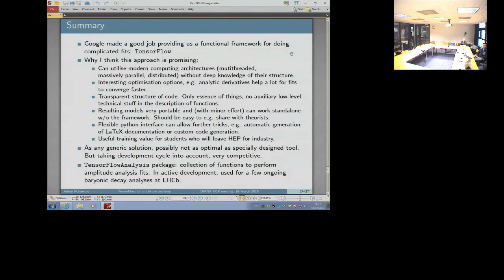And of course, this has very useful training value for students who will eventually leave high energy physics for industry, because TensorFlow is becoming an industry standard in many areas.